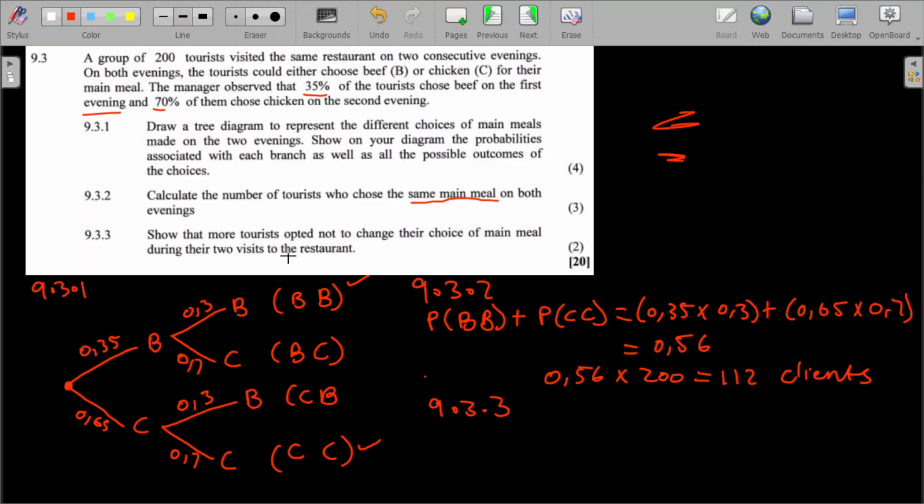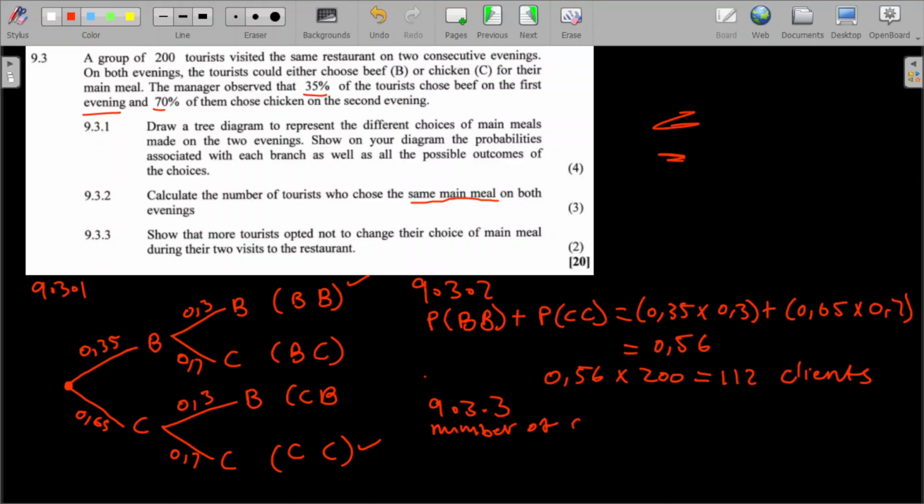Now 9.3.3: show that more tourists opted not to change their choice of the main course during their two visits to this restaurant. First thing here, I need to calculate the number of clients who chose a different meal.